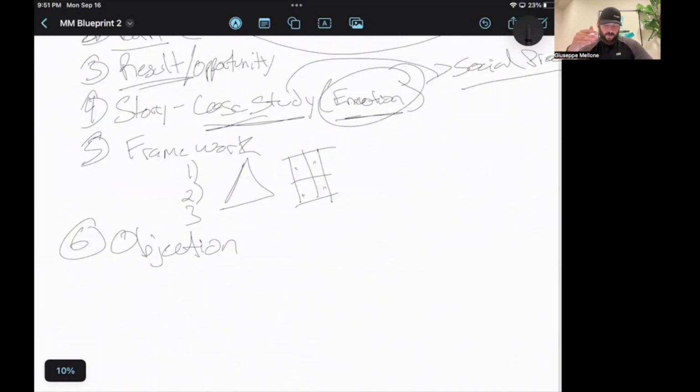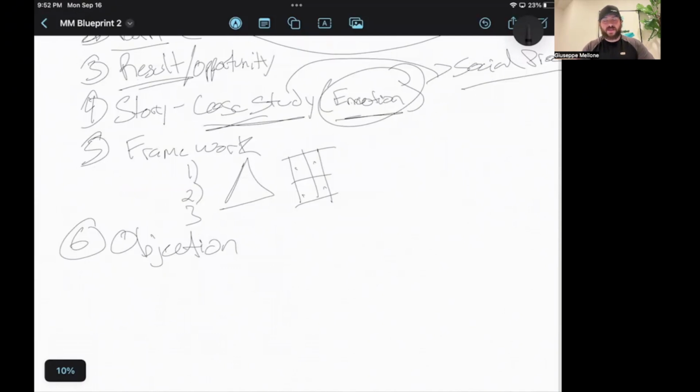If you can bring up all the objections that have come up and solve them within the post, guess what's going to happen when they engage? The objection's already been solved without even the conversation happening. So it makes the whole sales process a lot smoother, and it almost creates a qualification of your client for you without you having to really say anything other than what's through your content.